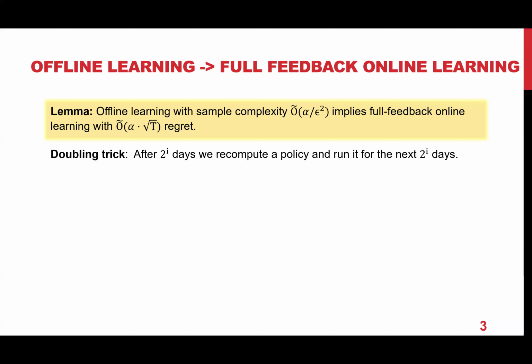Now you have 2 to the I plus 1 samples, so send them again to the offline learning algorithm. Whatever you get, run that for the next 2 to the I plus 1 rounds and continue in this way. You can argue this will work fine. Naively, it will lose a log capital T factor. You can do a more careful analysis, and you don't even lose a log factor, only a constant factor.